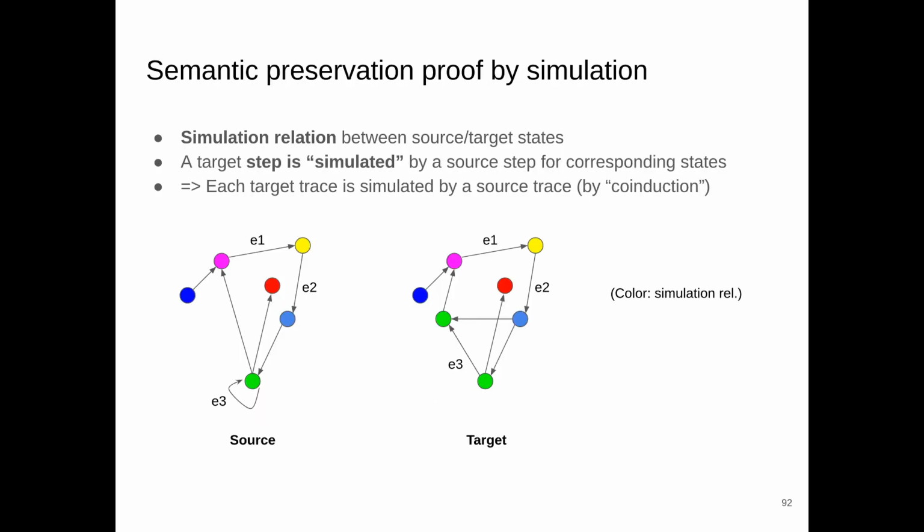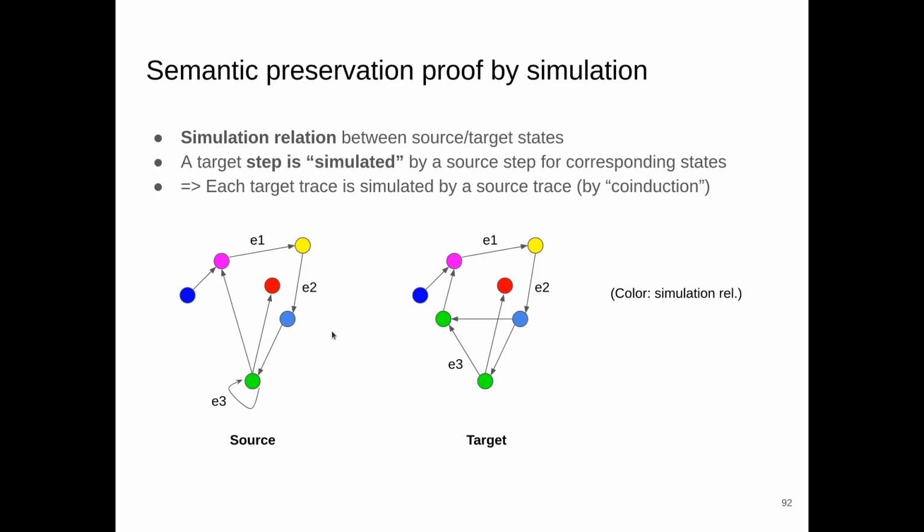Okay, and then we can immediately say something about all the possible traces here. Suppose that each target step is simulated. Then what we know about this program is that all traces can be simulated by a trace in the source with the same event labels.